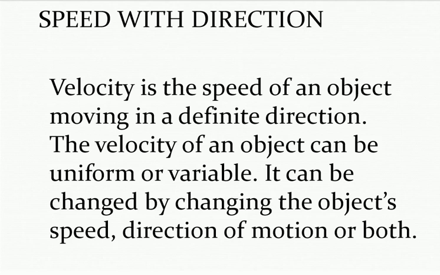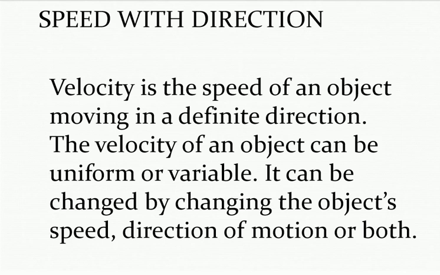Now here you might get confused: in this definition of velocity, why is speed coming here? See, what is velocity? If you add a particular direction to the speed, it becomes velocity. What is the difference between speed and velocity? Velocity has a particular direction, speed does not.